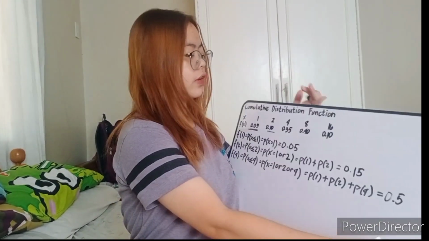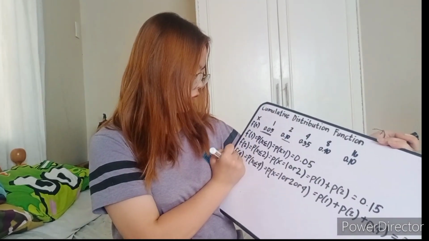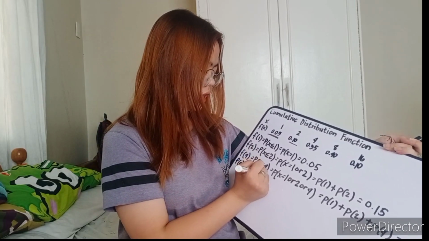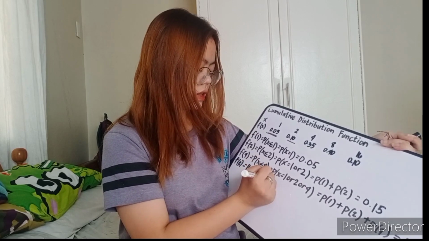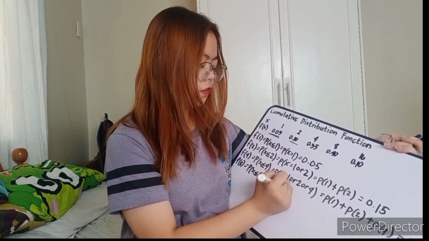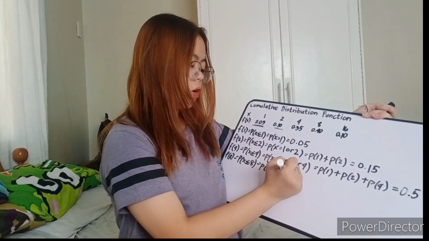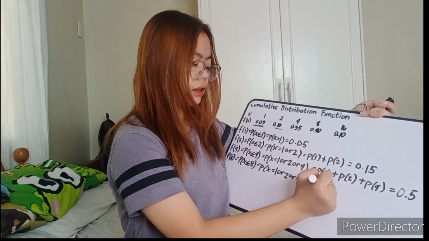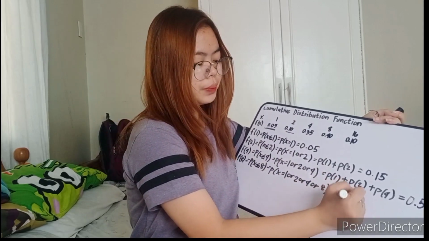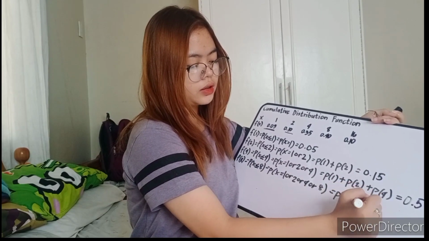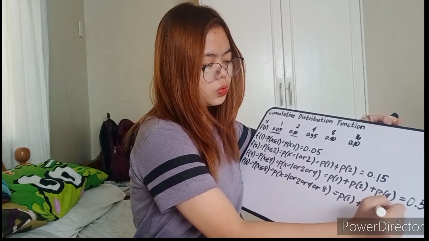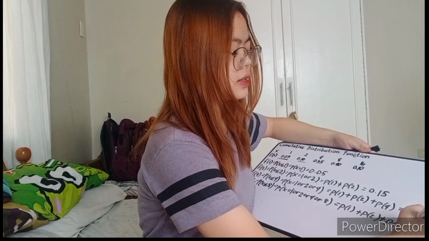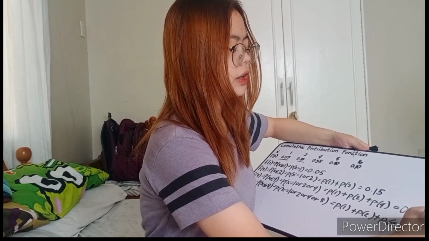For our F of 8, kasi yun yung kasunod, so F of 8 is equals to P of X is less than or equal to 8 is equals to P of X is equals to 1 or 2 or 4 or 8 is equals to the P of 1 natin or probability of 1 plus P of 2 plus P of 4 plus P of 8 natin.